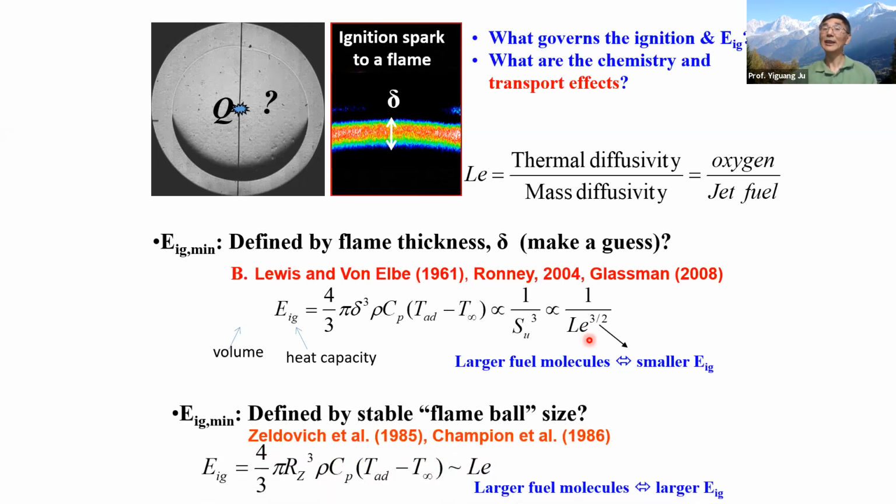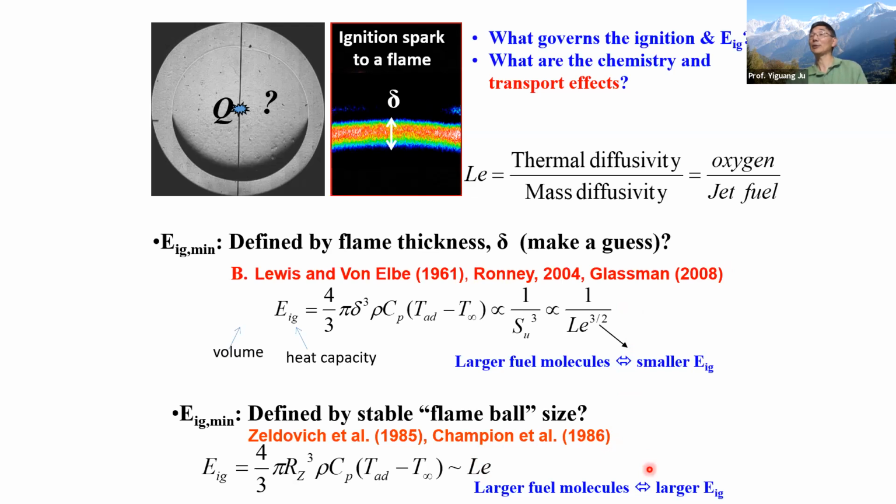Then, if you look at the theory from Zeldovich's book, it defines the minimum ignition energy by a flame ball, where the ignition energy is a function of the flame ball size multiplied by the temperature. You have to ignite the mixture to a flame ball size, which means the ignition energy is a function of Lewis number. So if you look at these two theories, they are opposite.